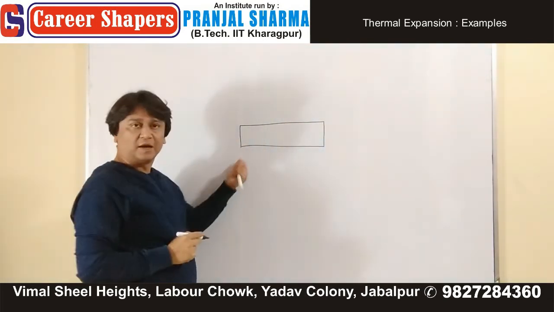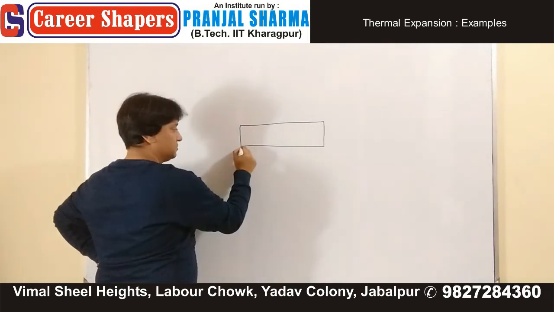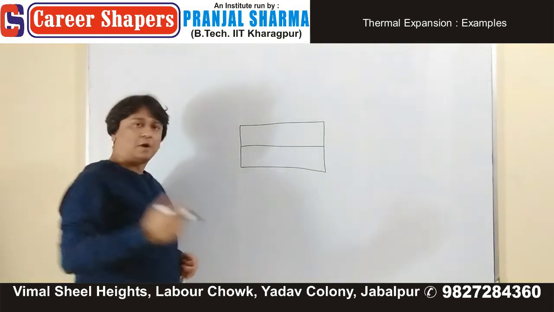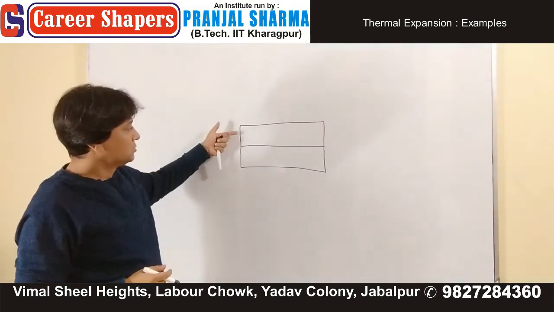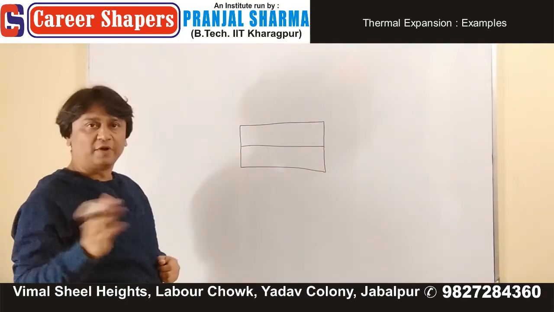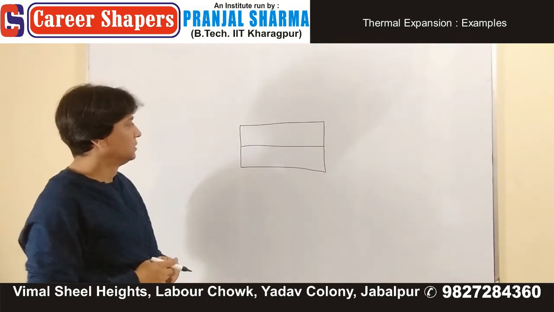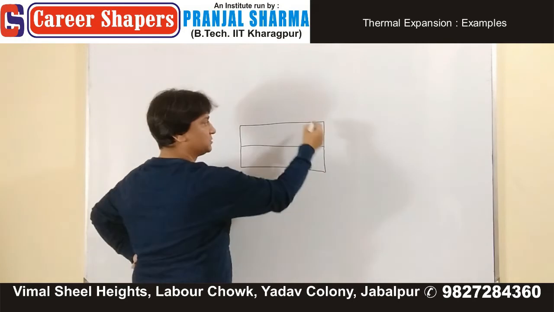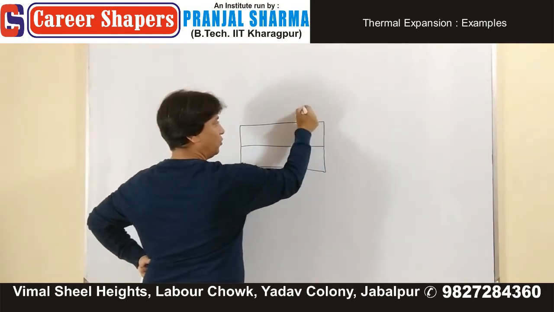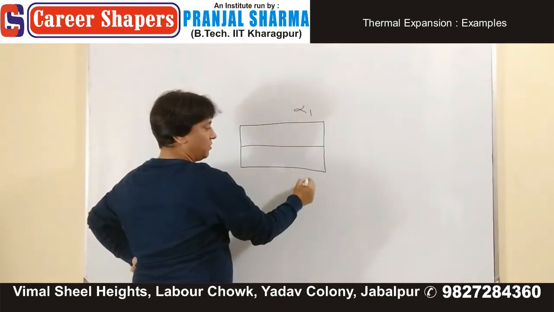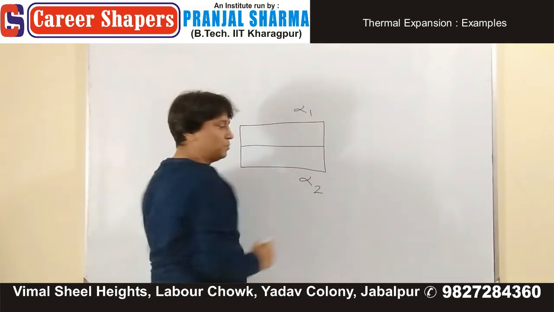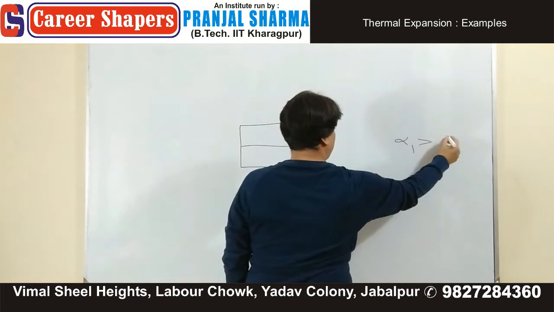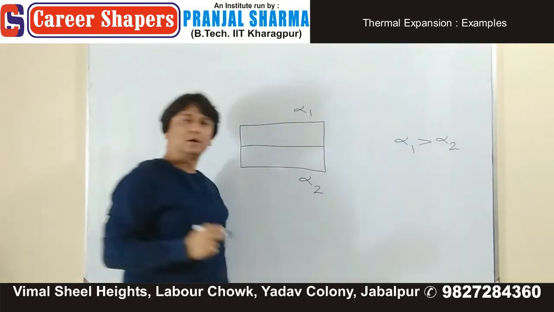It's a bimetallic plate system. There are two strips of two different types of metals. Coefficient of linear expansion is alpha 1. Coefficient of linear expansion is alpha 2. And we have been given that alpha 1 is greater than alpha 2.